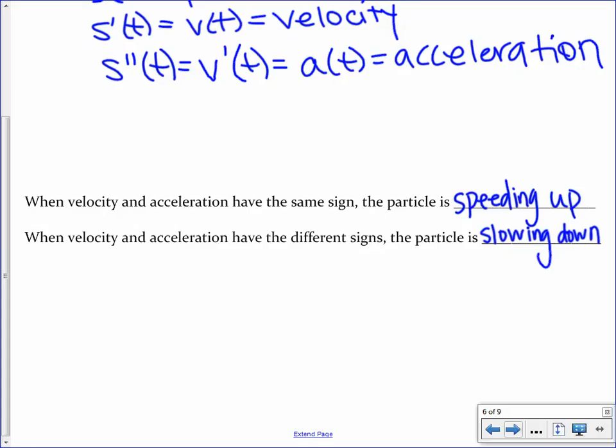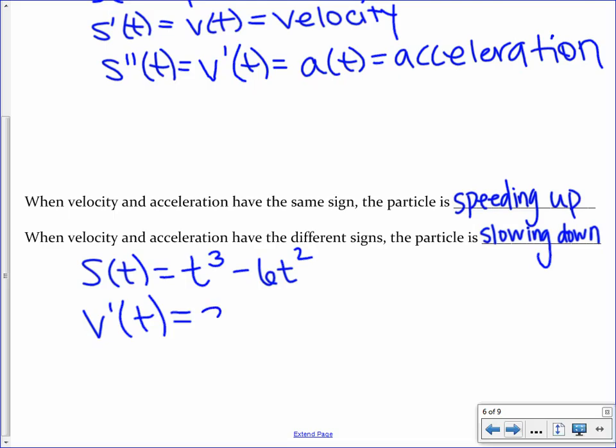So, let's go back to our original equation. Our position was t cubed, what? Minus 6t squared. And Brady told us that our velocity was 3t squared minus 12t.